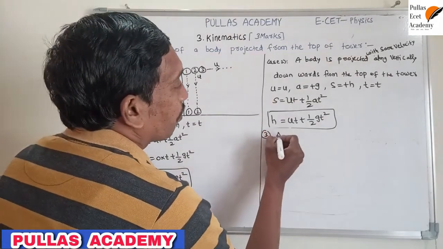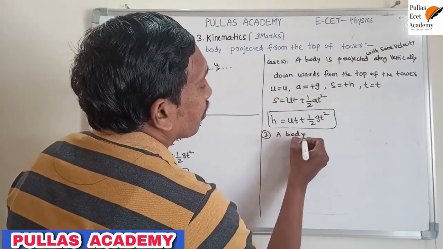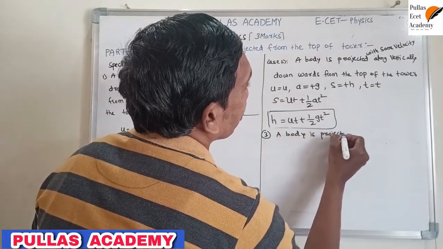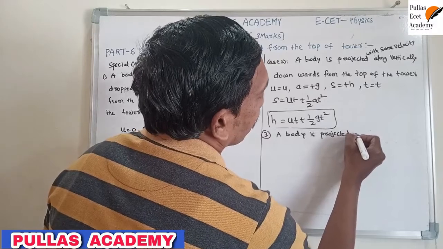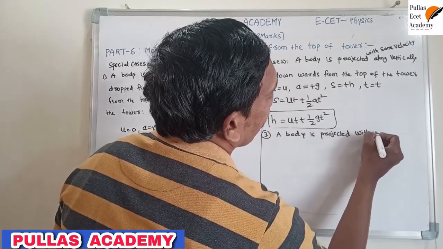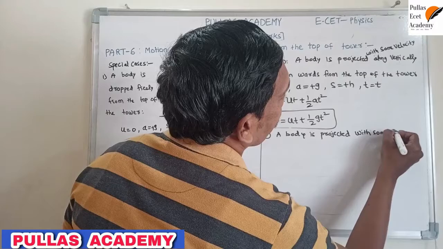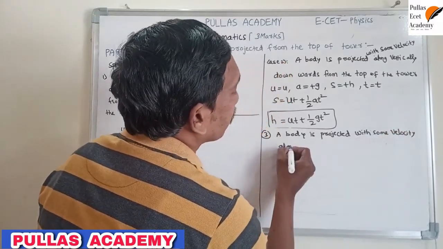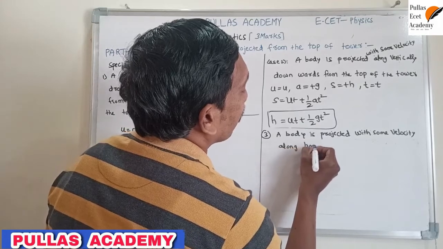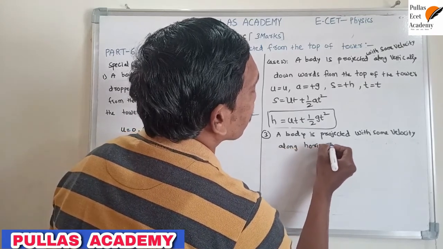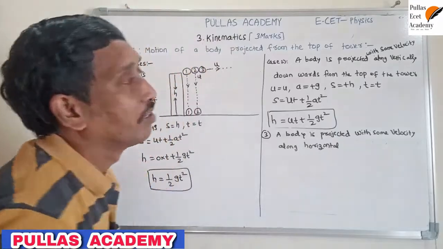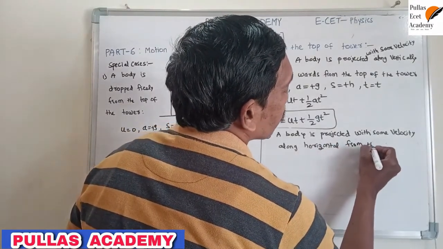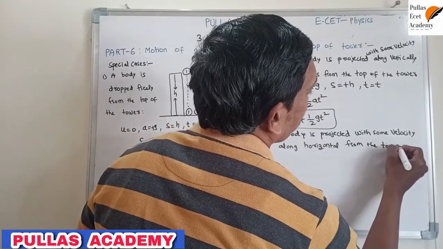That means a body is projected with some velocity along the horizontal direction from the top of the tower.